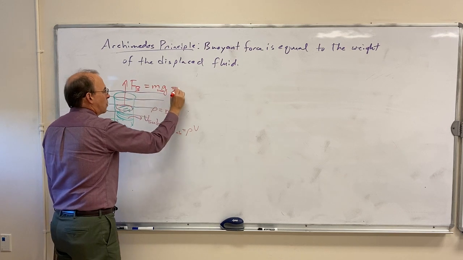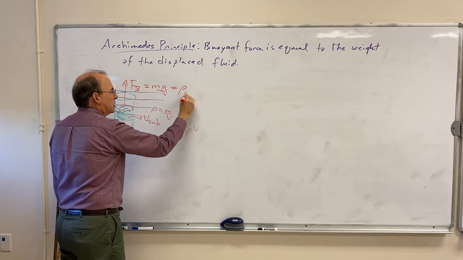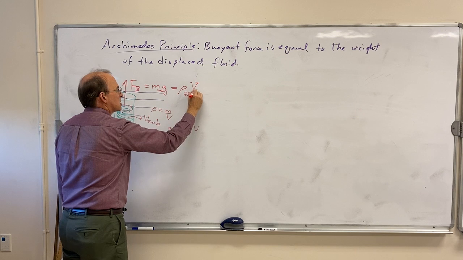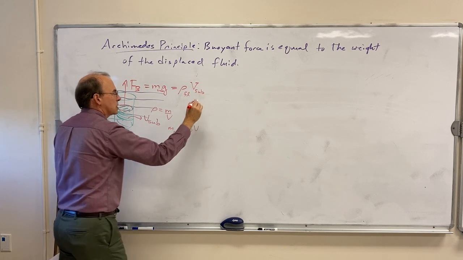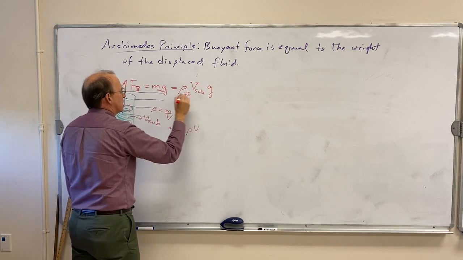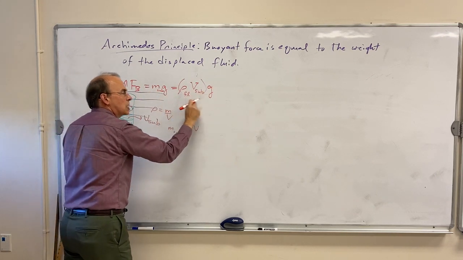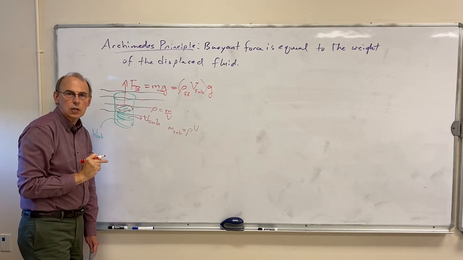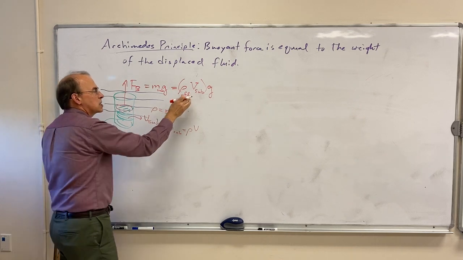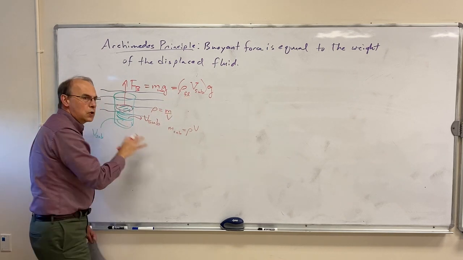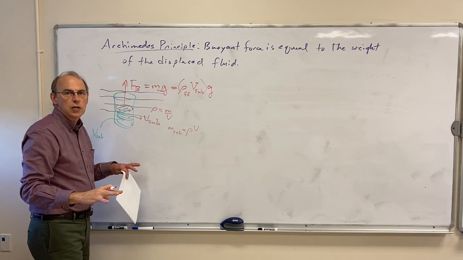So the buoying force will be the density of the fluid times the volume that's submerged of the object times g. See, because rho times V is just m, so this is just mg, just like you're used to thinking. That's mg, but it's the mg of the fluid that got pushed aside.